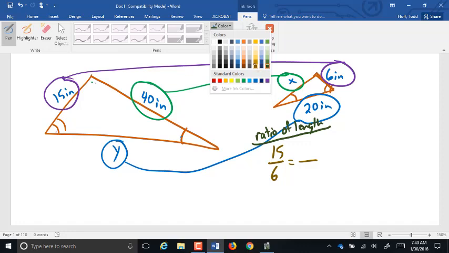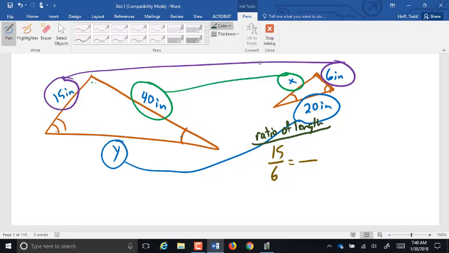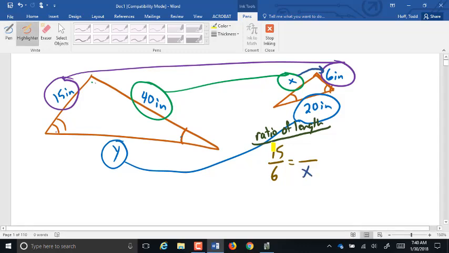So now let's find x. Is x going to go on top or bottom? Why on bottom? If it is from the same figure as the 6. And remember, we've got to have relationships in both directions. A relationship going in this direction is because those are corresponding sides. The relationship we're going in this direction is they're from the same figure.